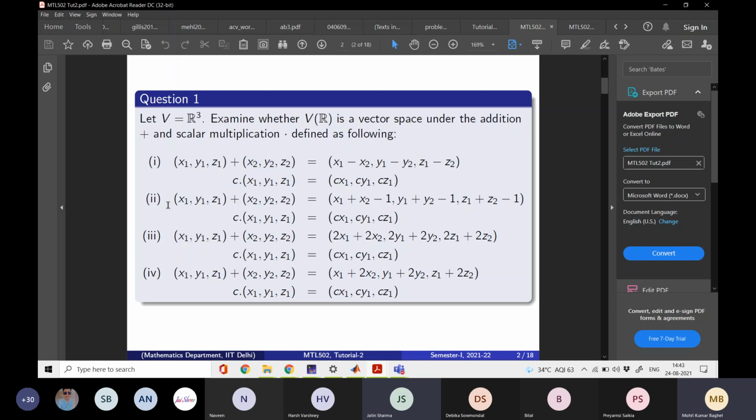Why are you saying it is not a vector space? Somebody is telling 1 1 1 will form the additive identity, and you are saying you are unable to get the additive identity. That's the reason you are telling that this is not a vector space.